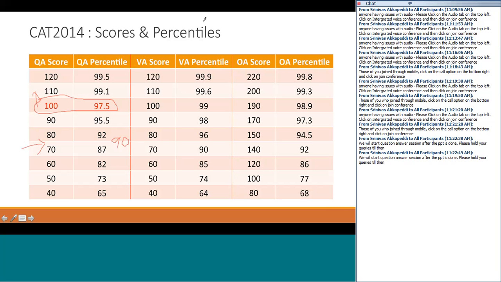Okay, so here you can see clearly. If you had 100 in both, you get 200, and you're going to get into almost all IIMs. This I am talking about if you are a general category student. If you are, let's say, an OBC student, you will get calls at 97 percentile.